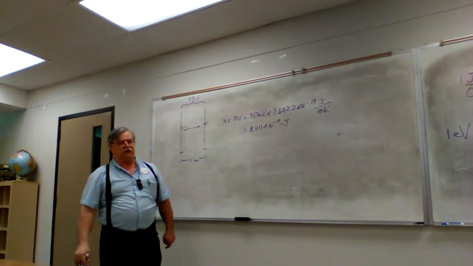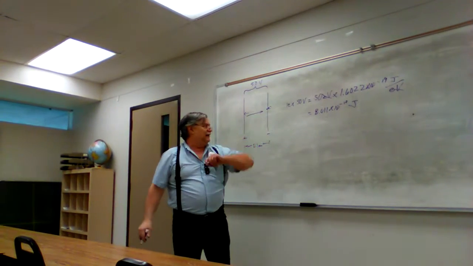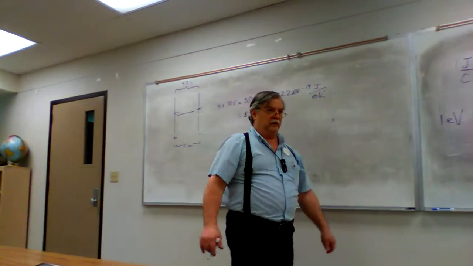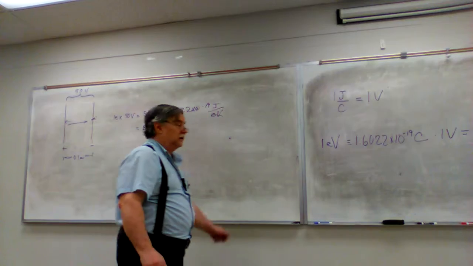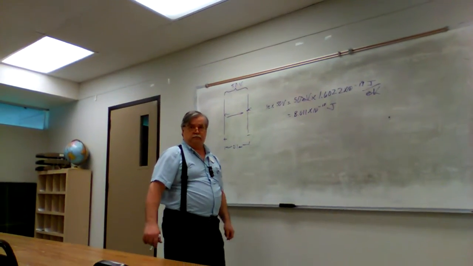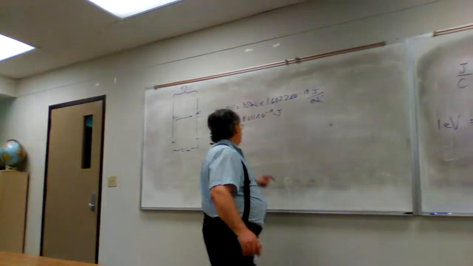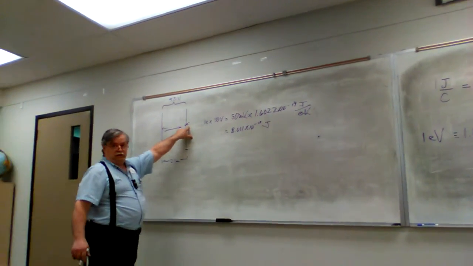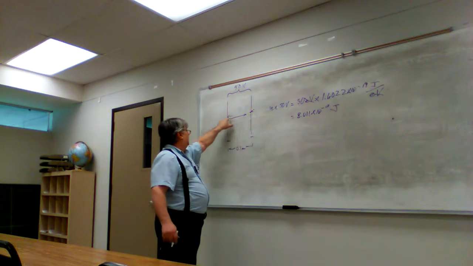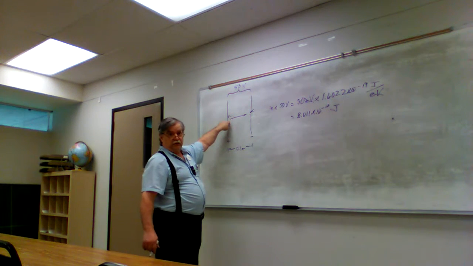So that electron acquires 8.011 times 10 to the minus 18 joules of kinetic energy crossing that potential. Okay? Here, it's got lots of potential energy that gets converted into kinetic energy when it goes here.